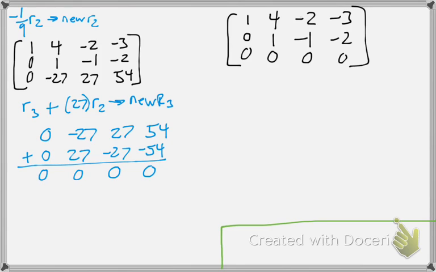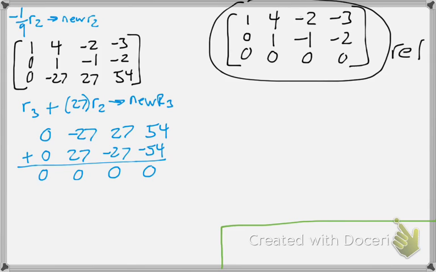So this is our REF form. Again, it is okay to have the row of zeros there. That's still technically in REF form. Now, I do want to convert this back to a system.